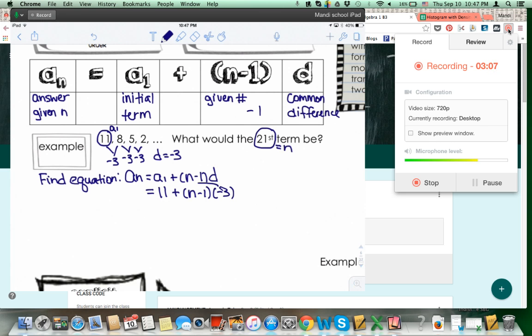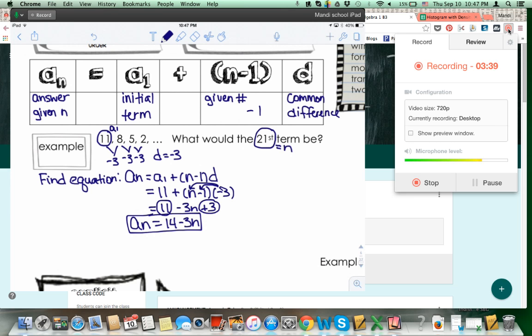Because we still have to distribute, even though it's backwards, we're going to distribute. So that's 11, and then we take negative 3 times n, which is negative 3n, and negative 3 times negative 1, which is positive 3. So 11 plus 3 is 14 minus 3n. So our explicit formula is a sub n equals 14 minus 3n.